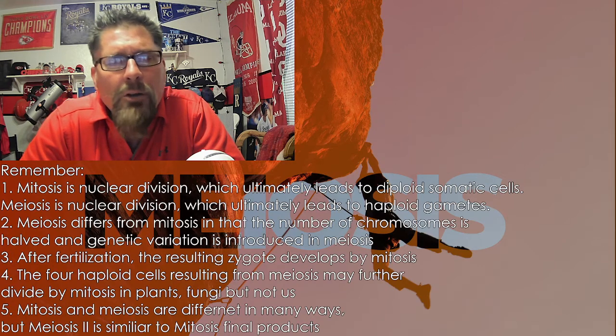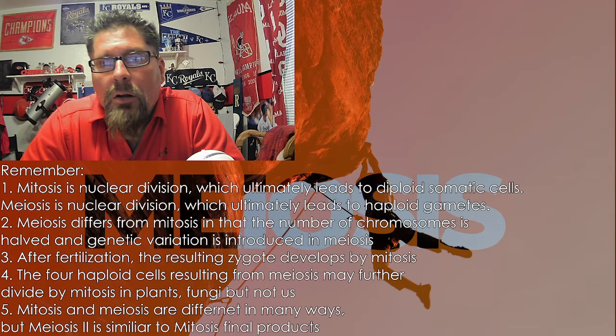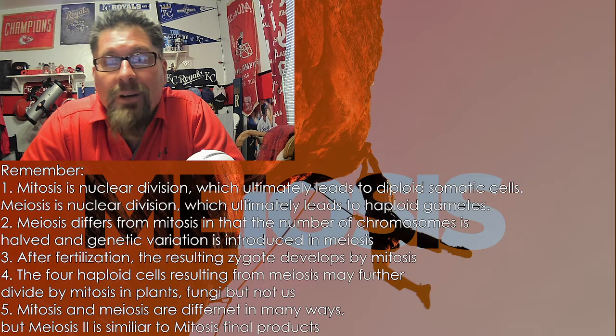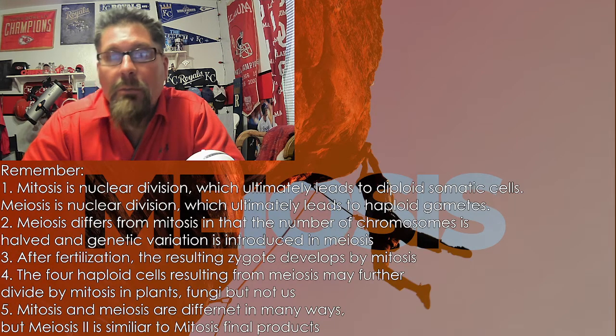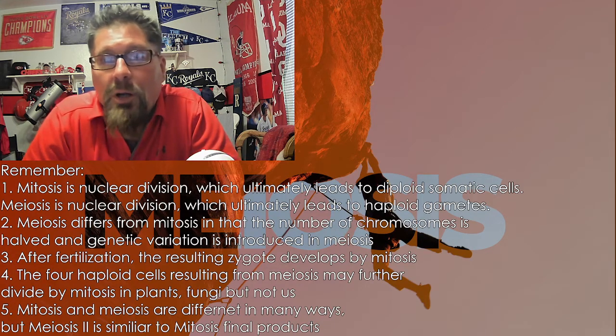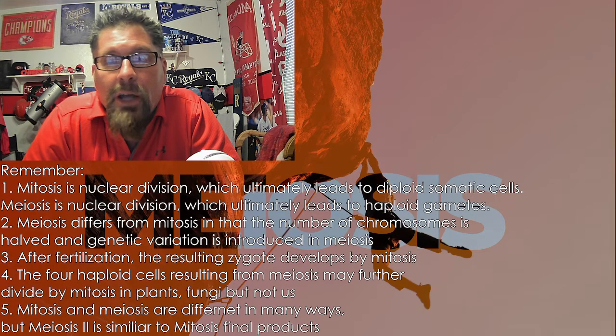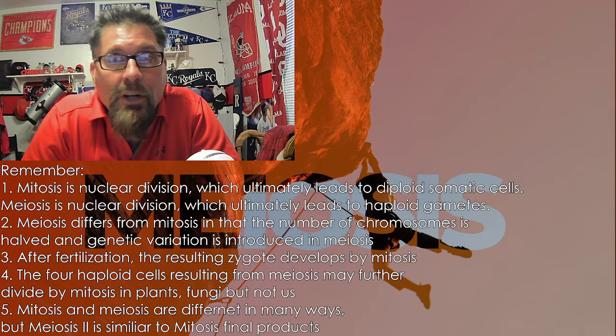But think about humans. Do all the sperm and all the eggs get a chance to produce an offspring? No. If you just think about sperm production, there are millions and millions of sperm cells, but only one gets a chance to fertilize the egg, if the chance is even given.